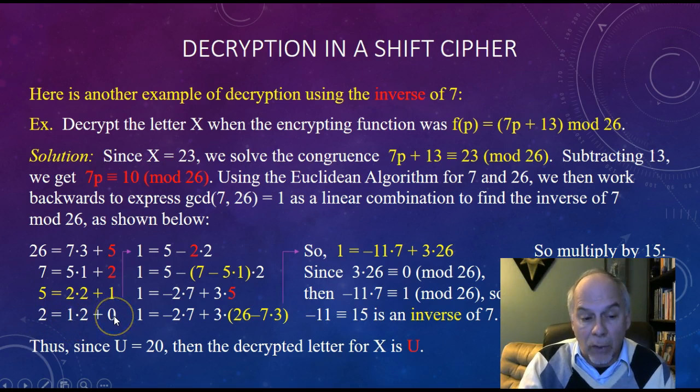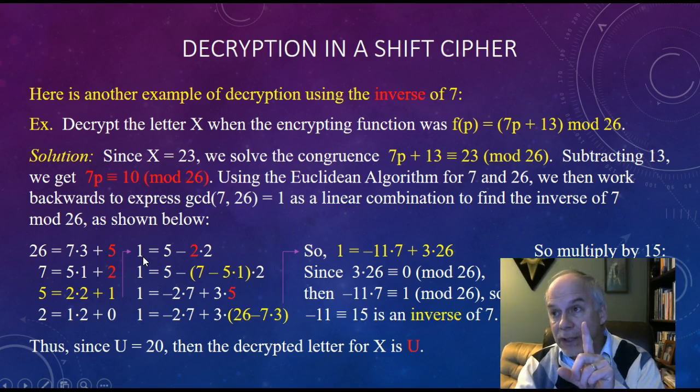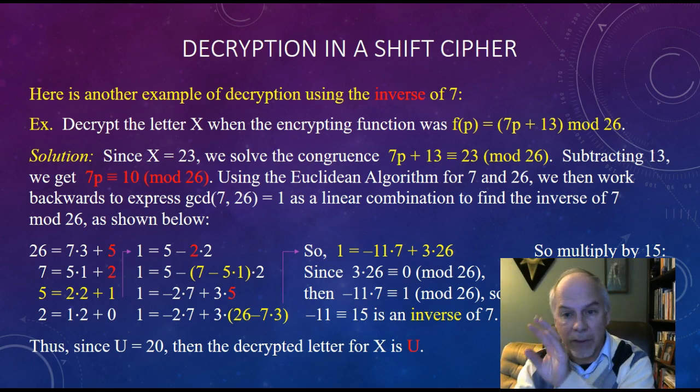Now we're going to work backwards, starting with this equation in yellow, because we want the left side of this equation to be 1. Remember, an inverse is a number such that the product of the original number and the inverse is congruent to 1.